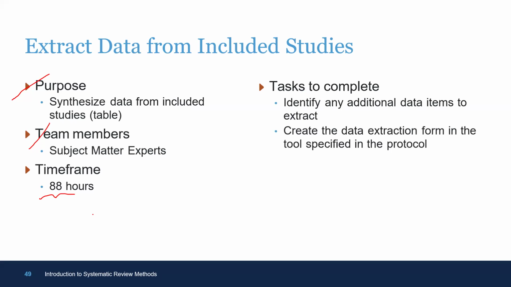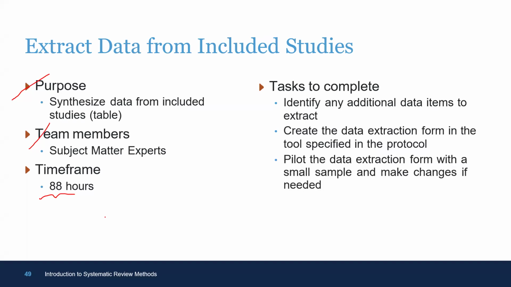Think about what data extraction sheet I can use. We usually draw this in an Excel form, and then we review as we're exporting things from there. Once we're finished with that, we can pilot it, because if you do a data extraction sheet, you need to make sure it has all the tabs you need to extract information.